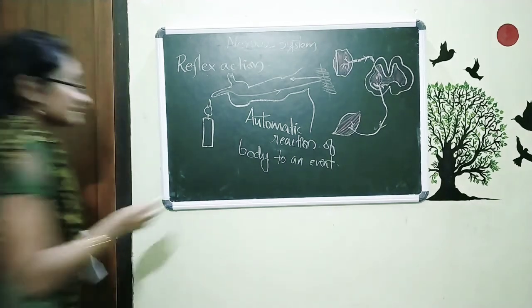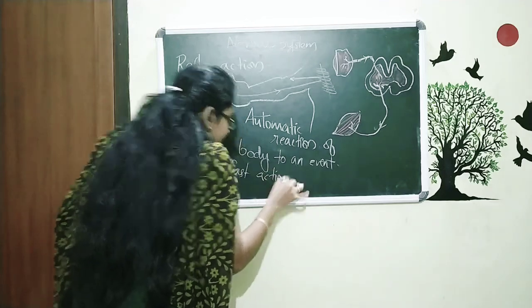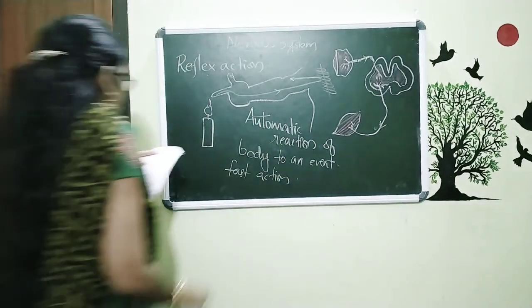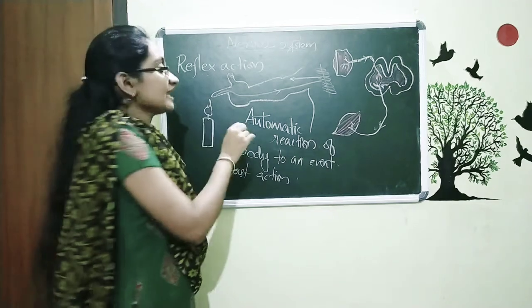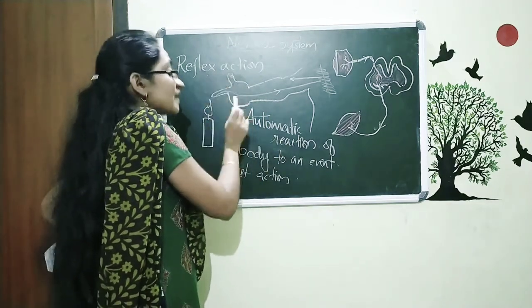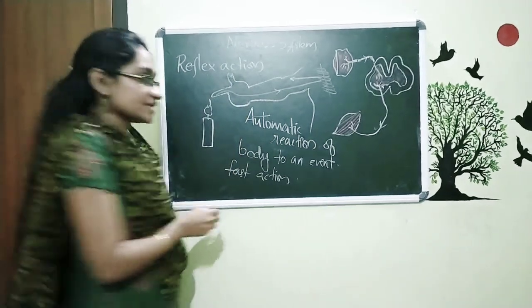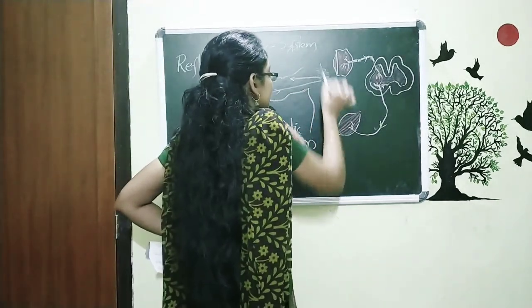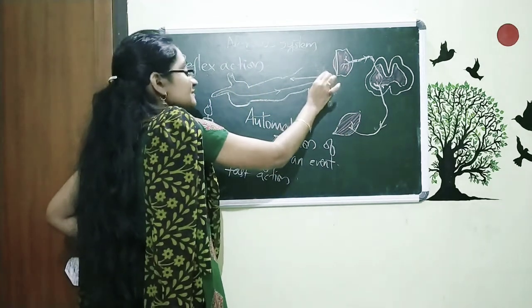This is a very fast action. And who is doing this? The part that is involved in this reflex action is our spinal cord. You can see here in the diagram that this is the spinal cord.